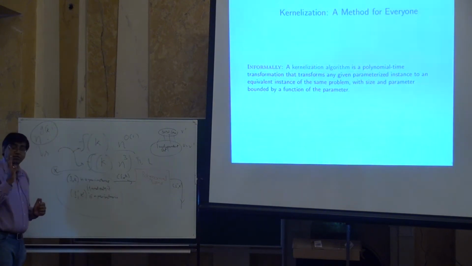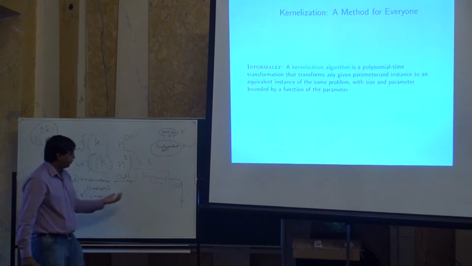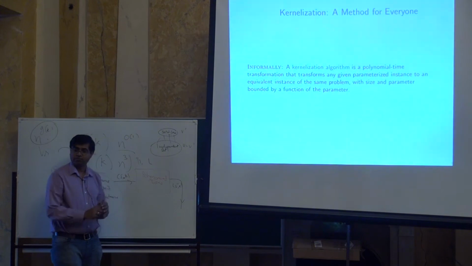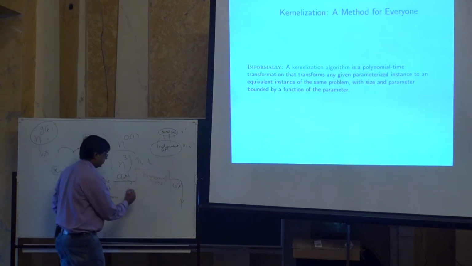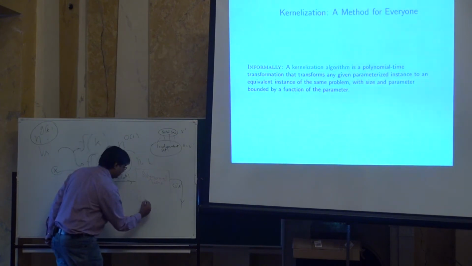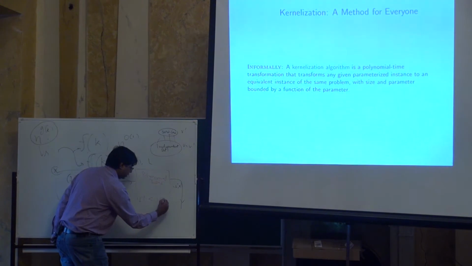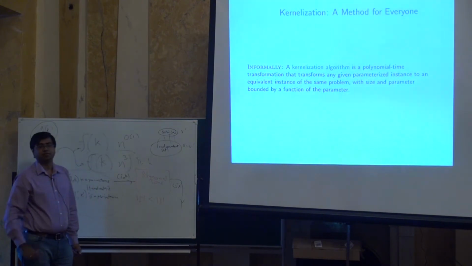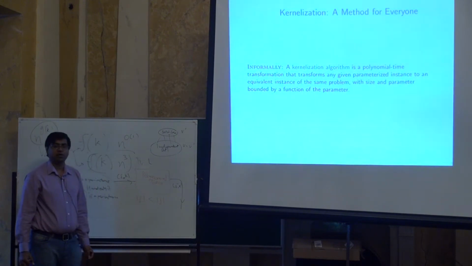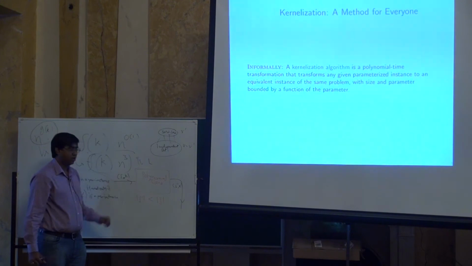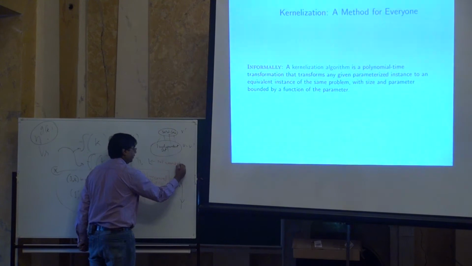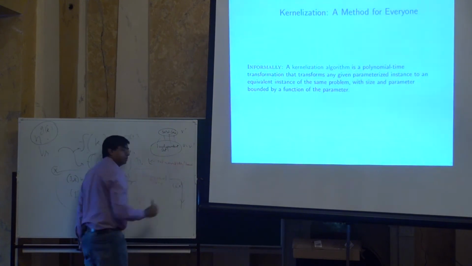Now, two questions to ask. Suppose I'm trying to make such a polynomial time algorithm for an NP hard problem, and suppose (I', k') has the following property: size of I' is strictly less than size of I. Is it possible that we can make such a polynomial time algorithm for an NP hard, or NP complete, problem?